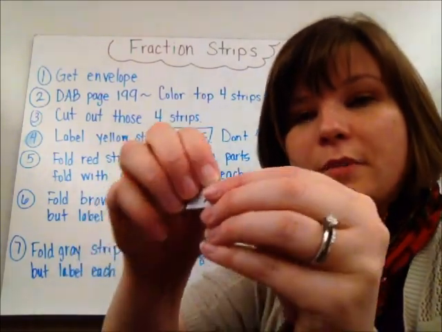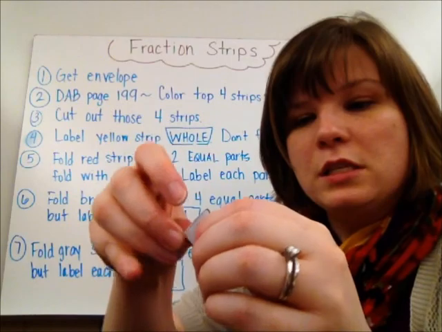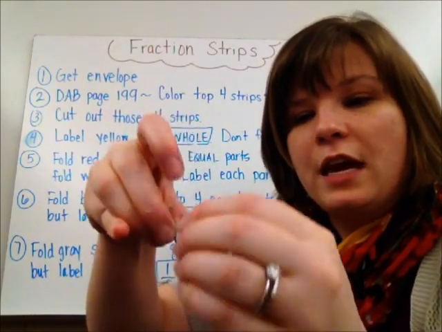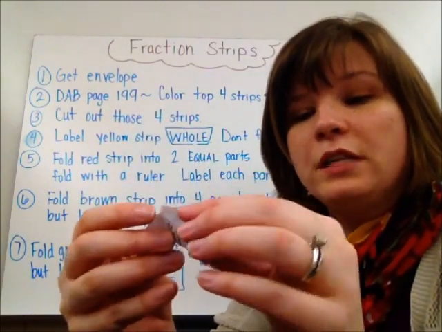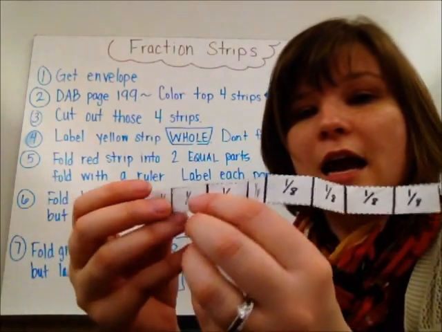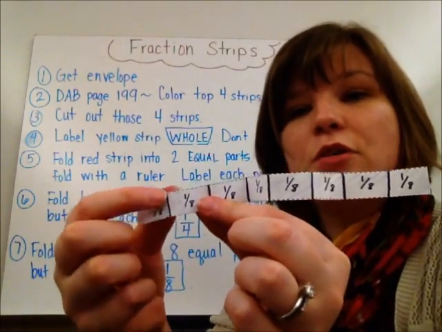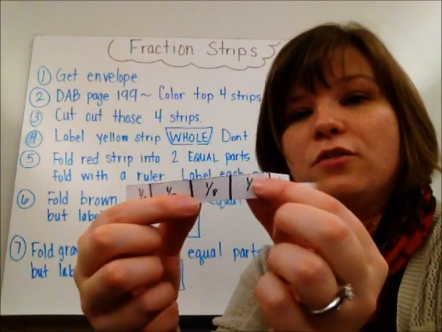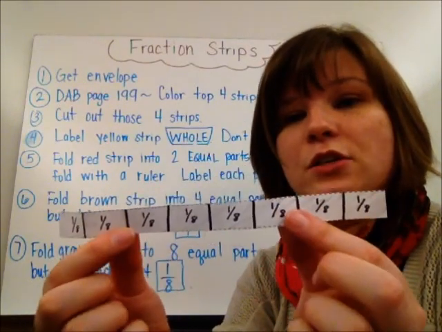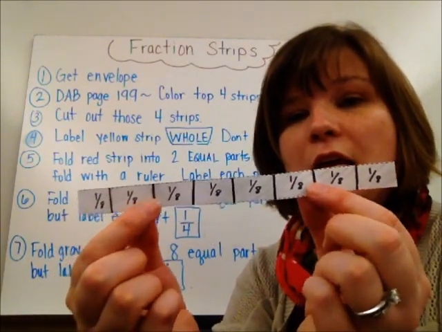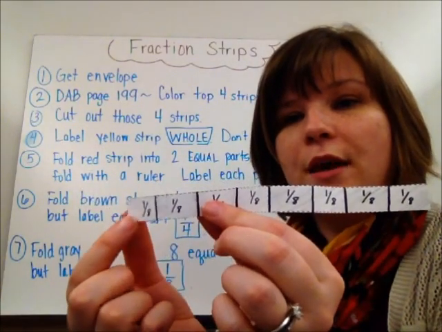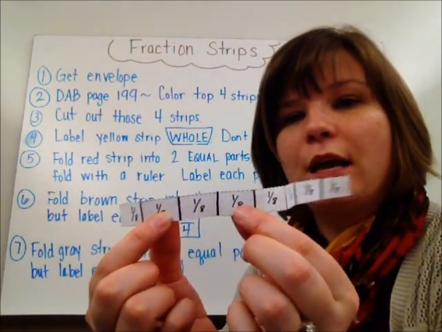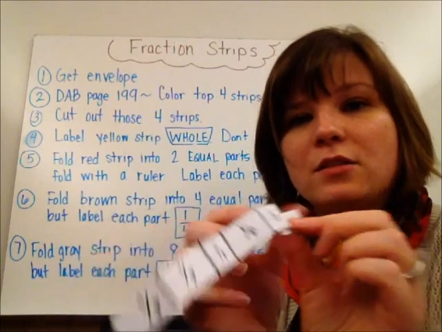Then I want to make a nice crisp fold. Use your fingernails if you can. Then unfold it, and then you'll draw, see I already have mine drawn, but then you're going to use your ruler and draw lines on each fold, and I had to do this too. And you'll have 8 equal parts, and you're going to label them 1/8, 1/8, 1/8, 1/8 for a total of 8/8 or 1 whole.